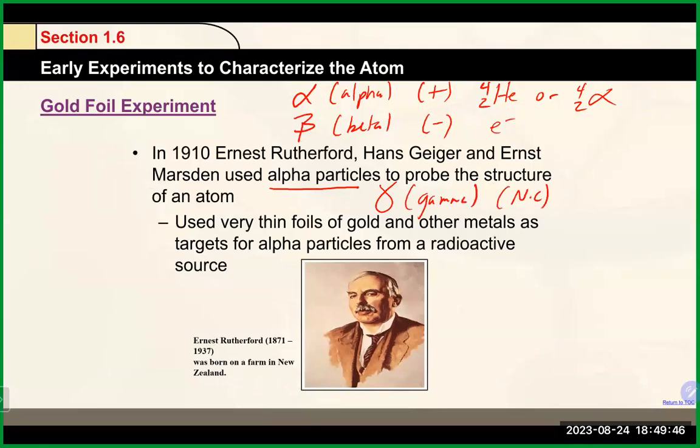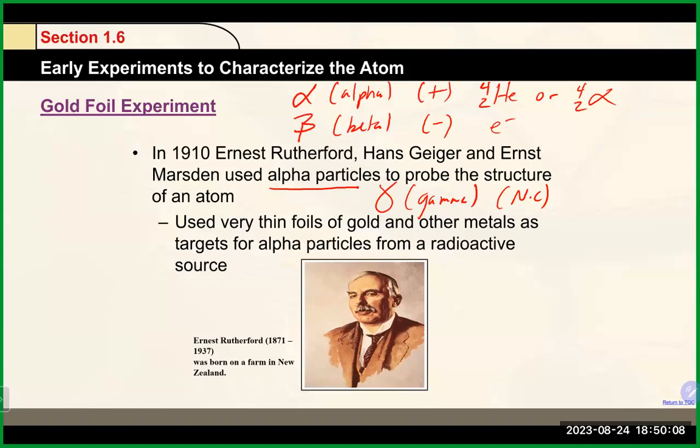So a lot of these experiments use these three radioactive particles, which replicate the three particles we find in the atom. Alpha particles being positive, like protons, beta being negative, like electrons, and gamma having no charge, kind of like neutrons. So they're very similar.